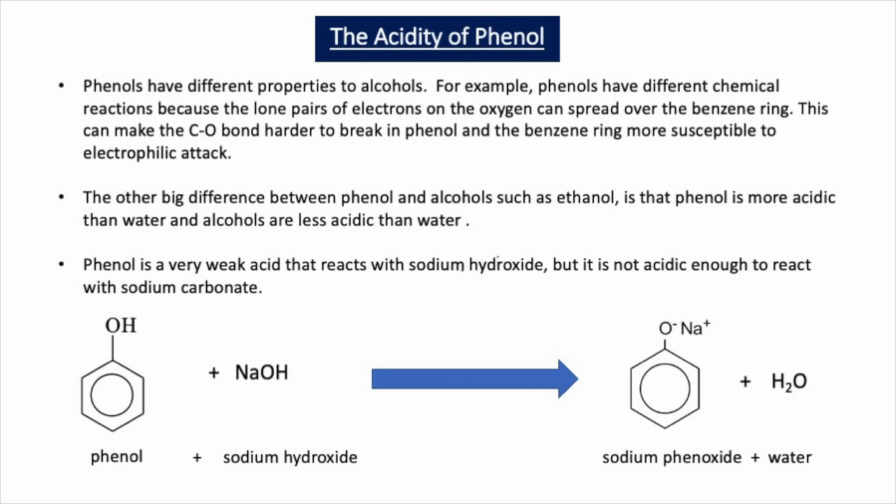This is because sodium carbonate does not react with phenol to form a salt, carbon dioxide and water like carboxylic acids do. Now, a chemical equation is shown here to show the reaction of phenol and sodium hydroxide. So phenol plus sodium hydroxide would form sodium phenoxide and water, and sodium phenoxide is a soluble salt.